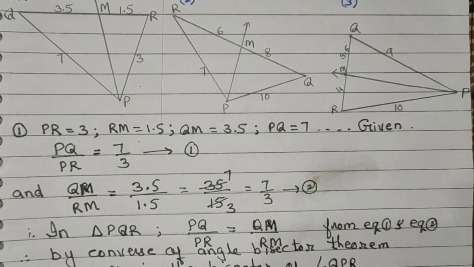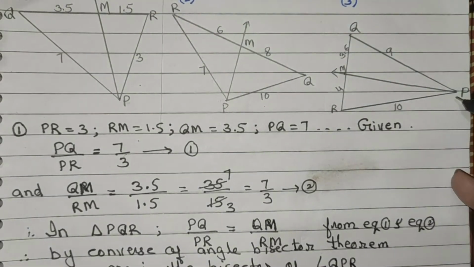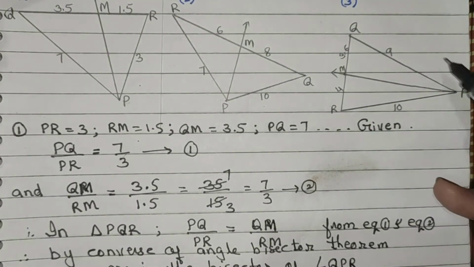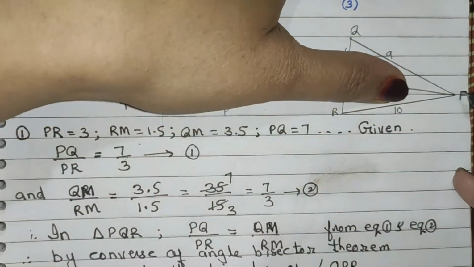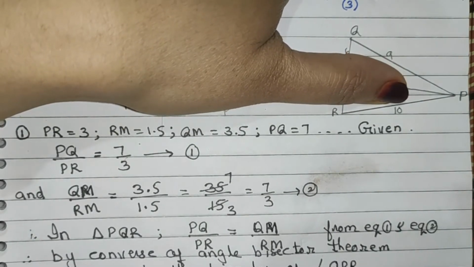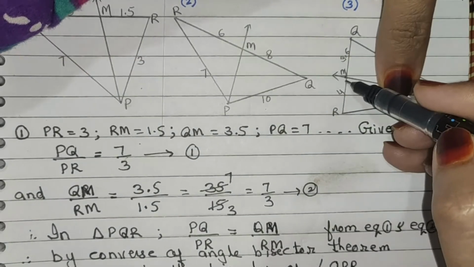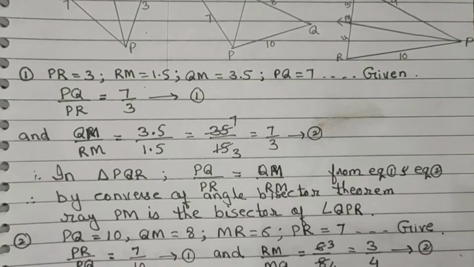Now first find the ratio. Now look at here. Our aim is to find whether PM is the bisector of angle QPR. Now first find the ratio PQ upon PR.